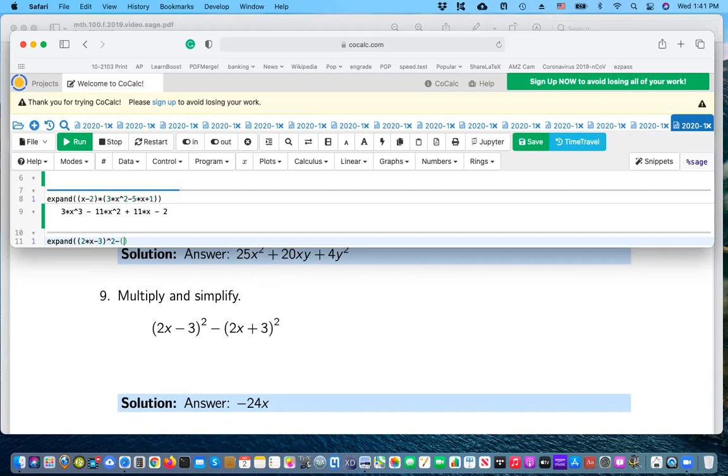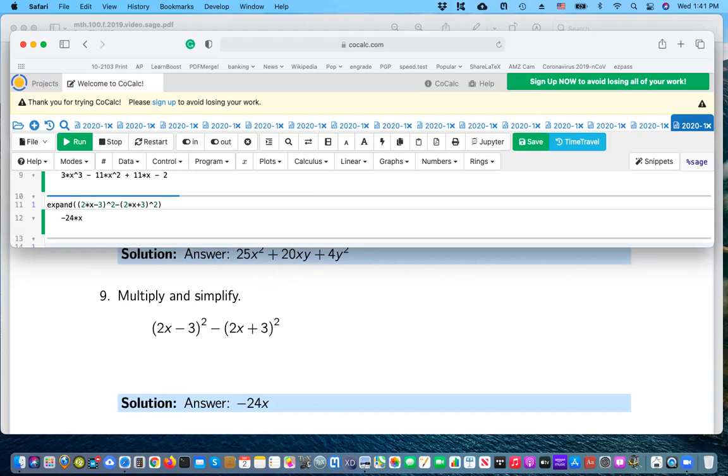Minus 2x, right? Plus 3. That whole thing squared. Let's see what happens. And again, if I mistype or misunderstand, we'll see what happens. Shift, return. It says minus 24x.